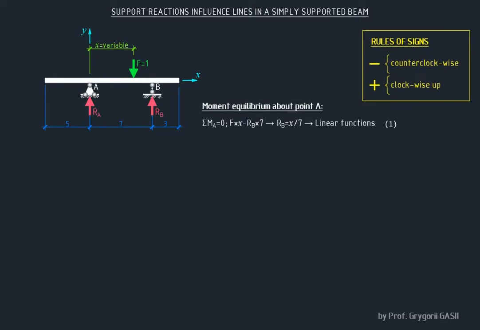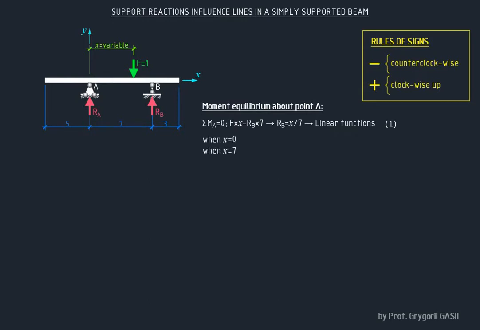So, from the equation of moment equilibrium about point A that was written, a linear function is derived. That is the equation of a straight line. And this means that to draw the influence line, it is enough to determine the coordinates of just 2 points.